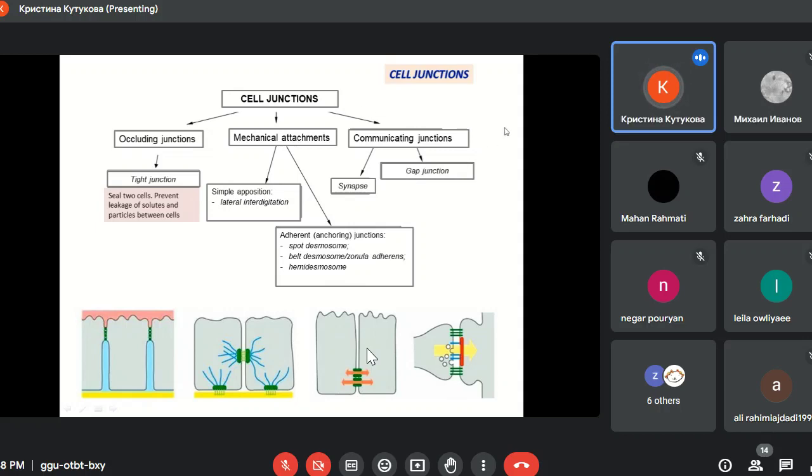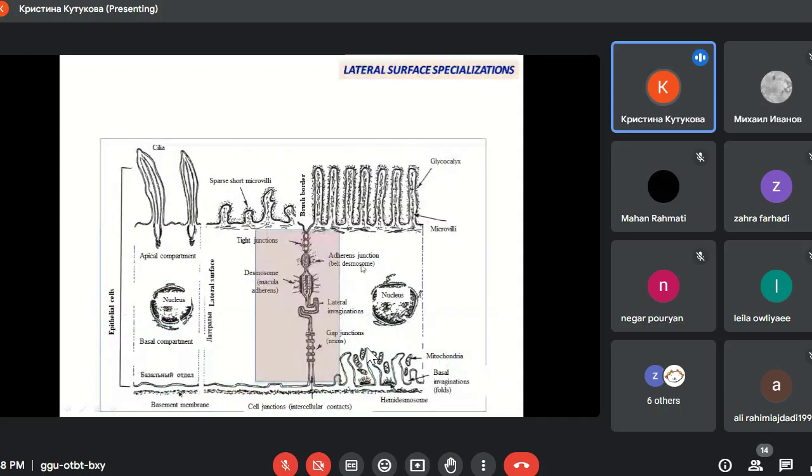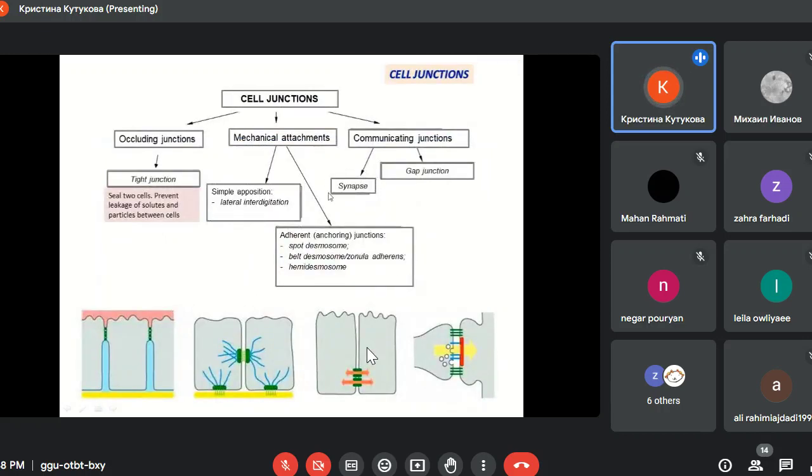And finally, communicating junctions. They are gap junctions or nexuses. It is here, gap junction or nexus between the cells. And synapse.